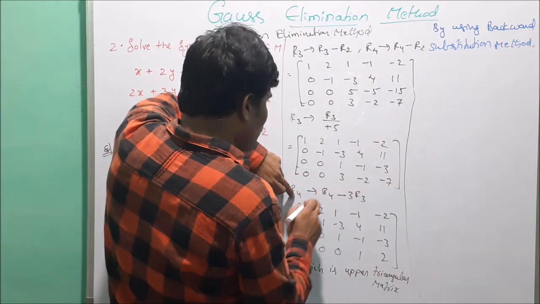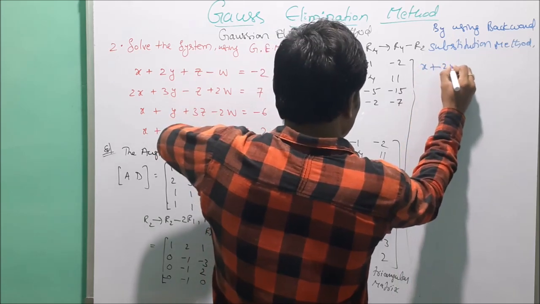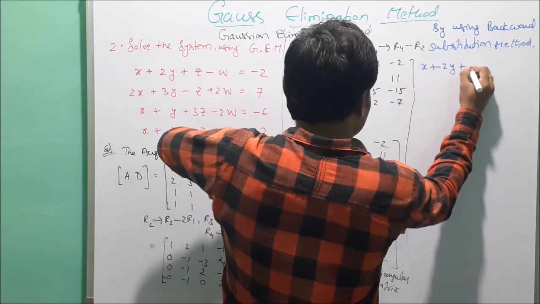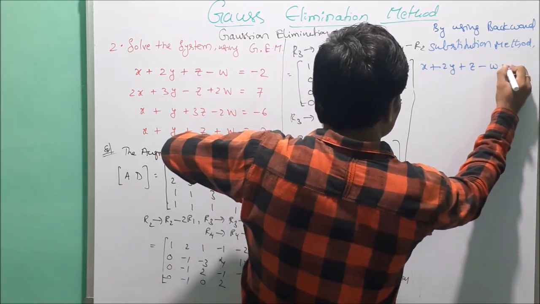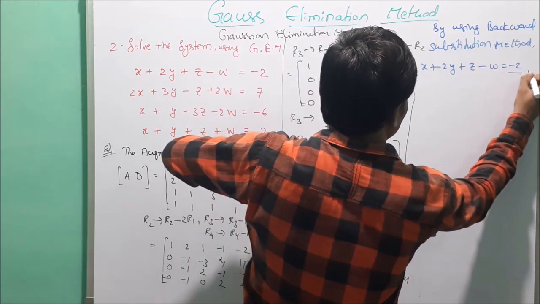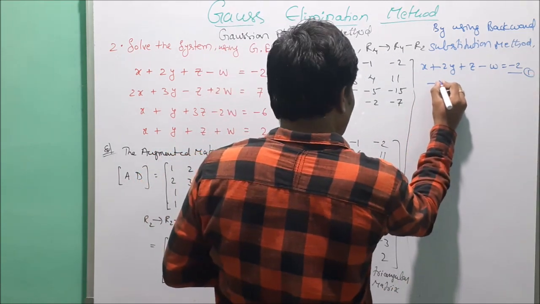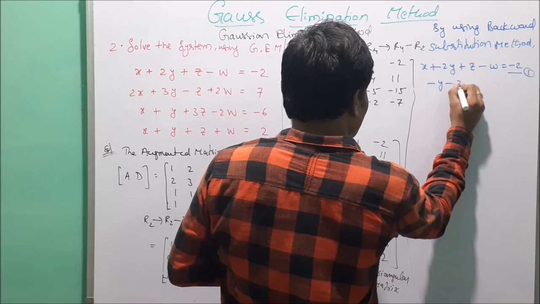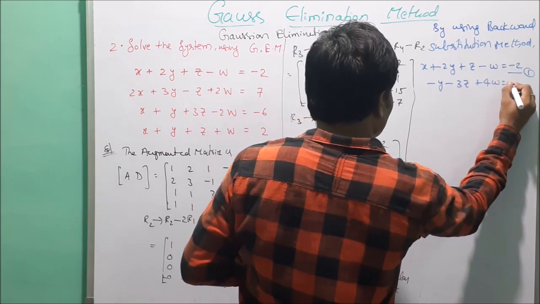here the equations are x plus 2y plus z minus w equals minus 2, which is equation 1. The second equation is minus y minus 3z plus 4w equals 11.